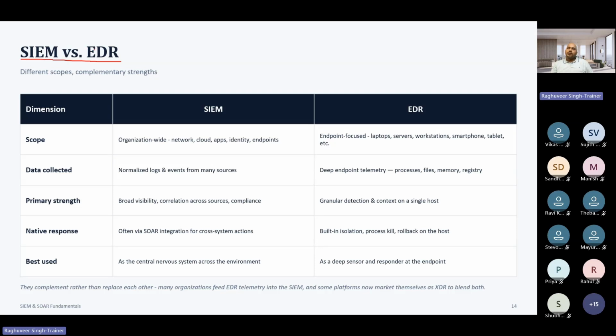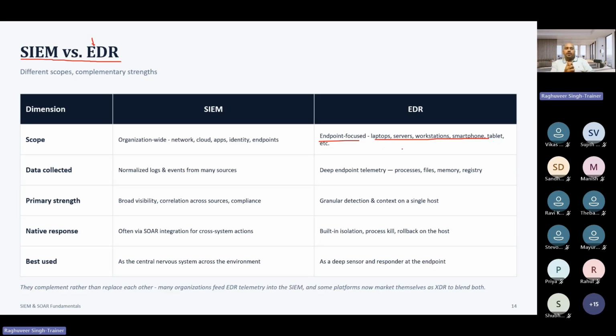When it comes to EDR, and for those who are joining for the first time today, EDR stands for endpoint detection and response, which basically means you are dealing with just a subset of devices in your organization, and they are endpoints. So EDR is only endpoint focused. It is only there to protect your laptop, server, workstation, smartphone, and tablet from adversaries, from threats, from incidents. That's what EDR does.